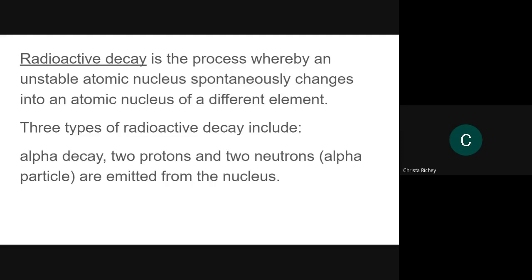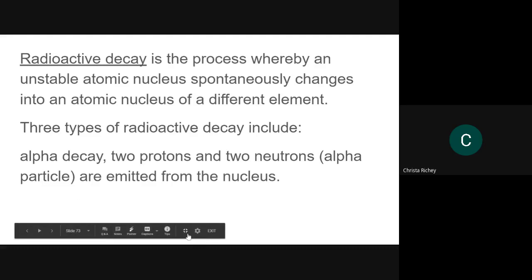When that's emitted, it causes essentially a chain of events. This is how our nuclear power plants work. You've got this nucleus that's spat out, and it hits other things, which then causes the next sequence to occur, gives off a massive amount of energy, causes heat. And then we collect that and turn it into energy.